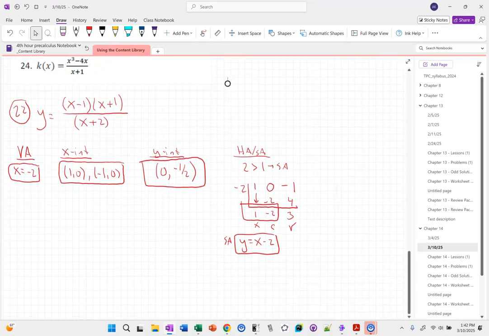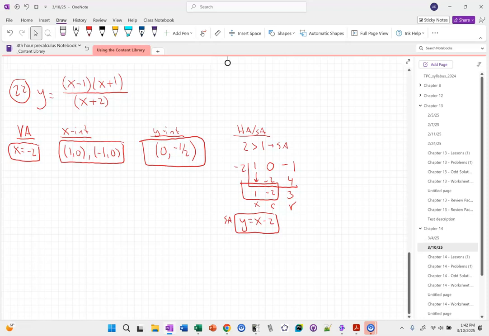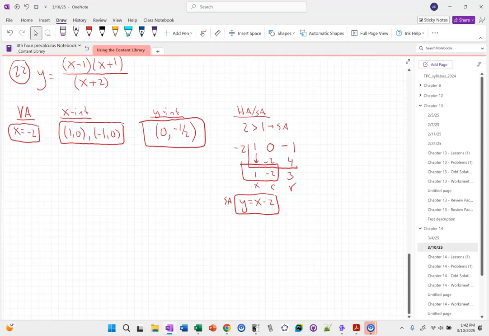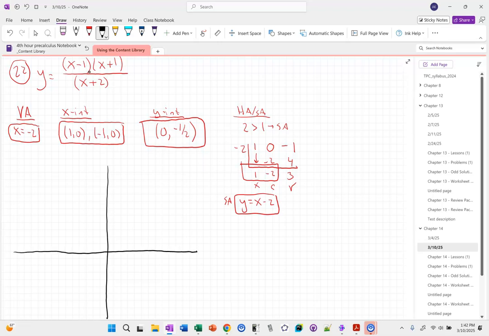What do you guys think? So far, so good? All right, let's start sketching ourselves a picture here. And draw a straight line, that would help. Okay, vertical asymptote at negative 2, so I like to put those in first.